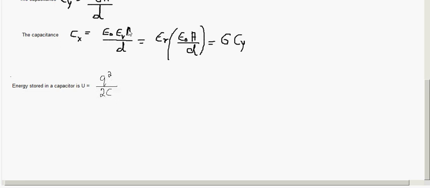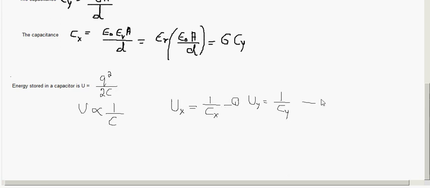Because Cx and Cy are connected in series, the charge is the same, so U is proportional to 1 by C. From this, the energy stored in X, Ux, will be proportional to 1 by Cx. Also the energy stored in Y, Uy, is proportional to 1 by Cy.